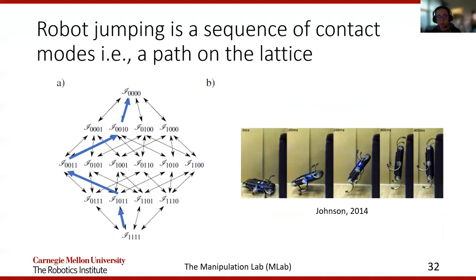For instance, in robotic locomotion, an old paper from Aaron Johnson in 2014 searched for a jumping trajectory by moving through this lattice. Now they created their lattice by hand. Our work enables us to automatically generate this lattice for any type of contact configuration programmatically.